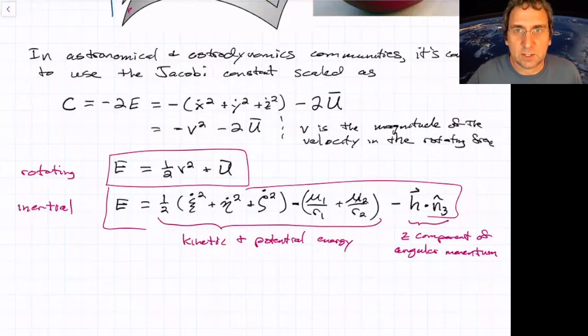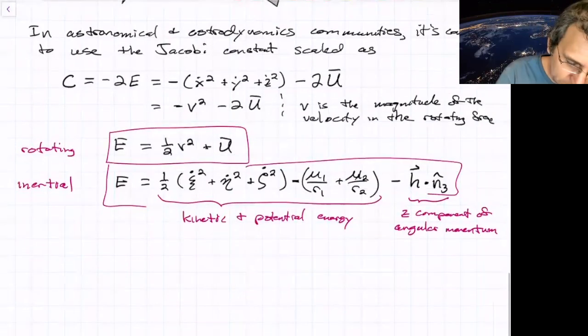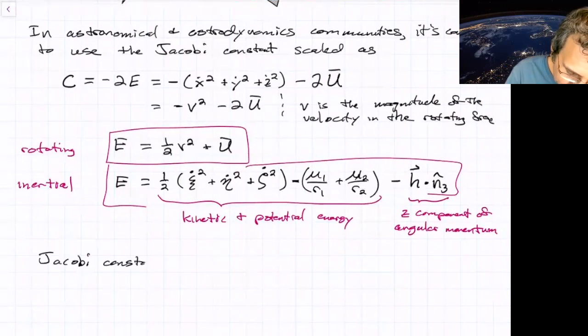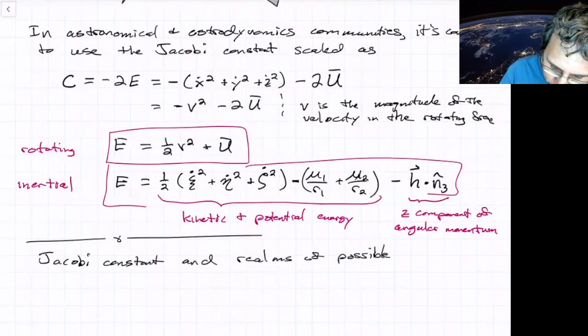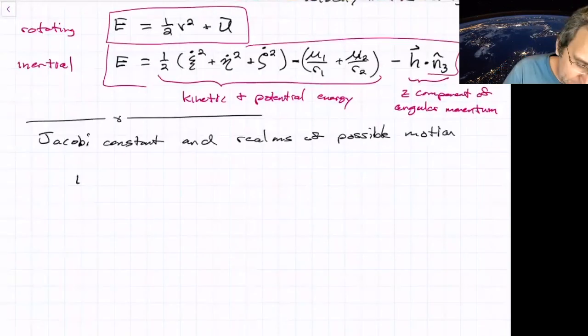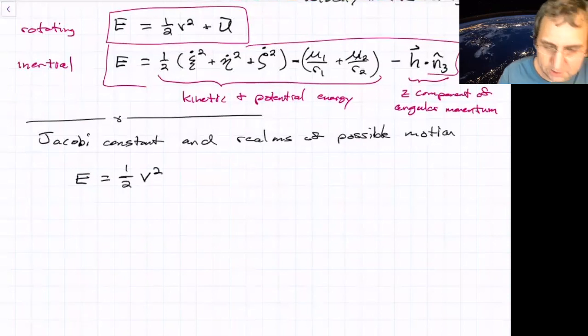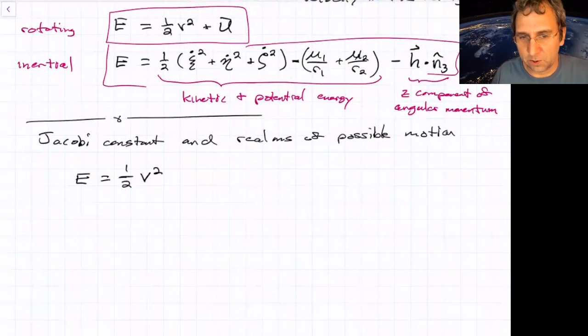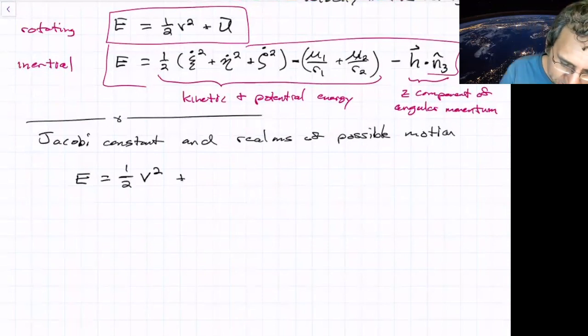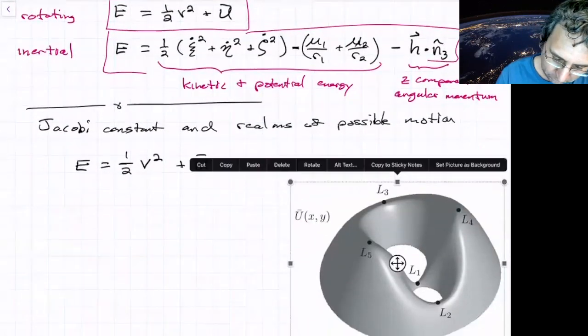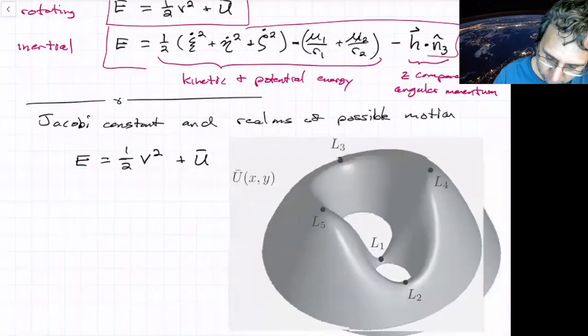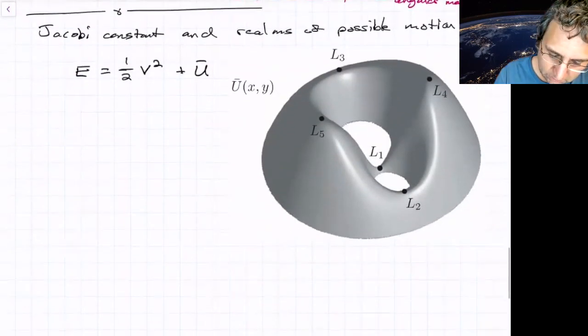So let's talk about this potential energy and how it limits things. I want to insert that figure again, the Jacobi constant and realms of possible motion. If I write E, E is 1/2 the velocity squared viewed in the rotating frame plus u bar. Probably good to show that figure again of u bar.